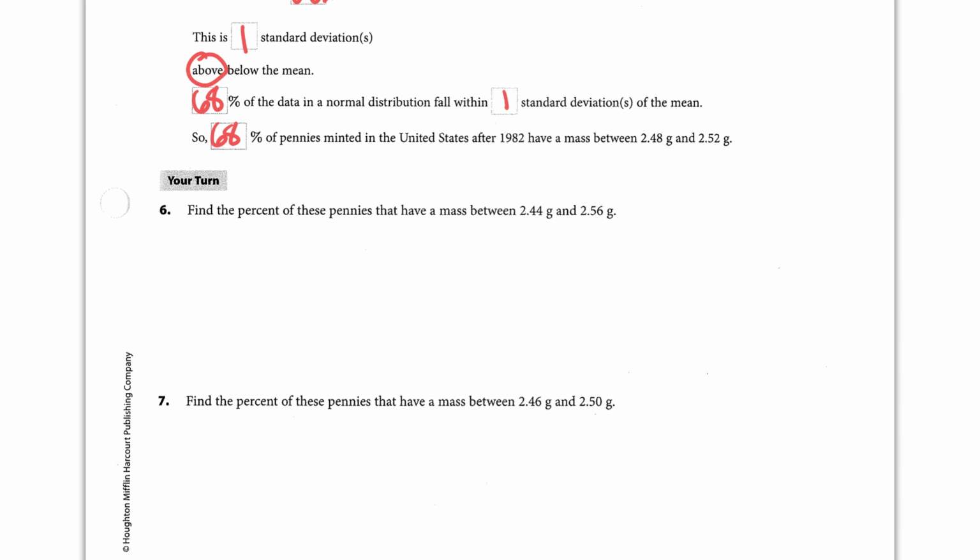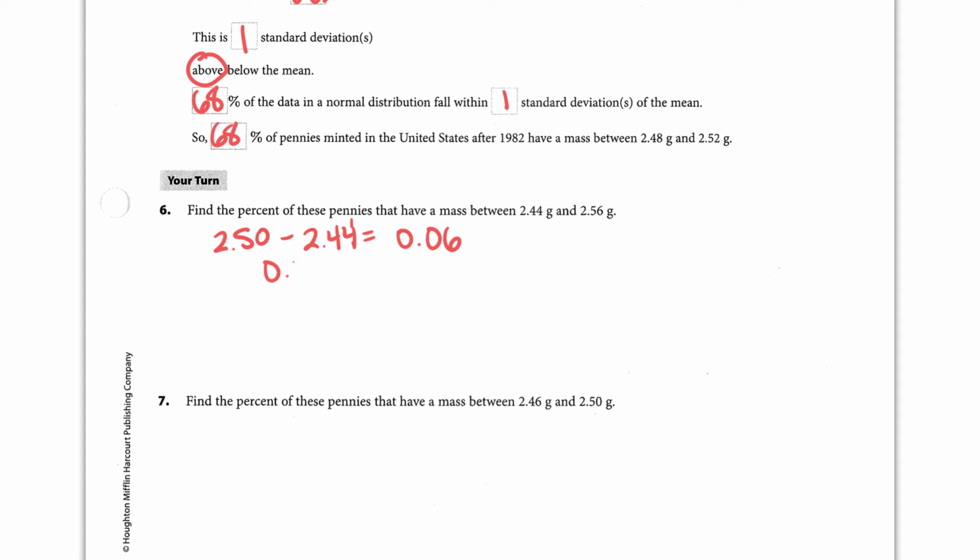Find the percent of these pennies that have a mass between 2.44 and 2.56. That is a difference of 0.06.